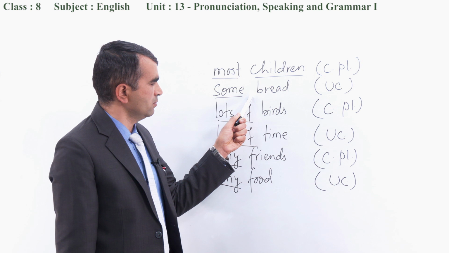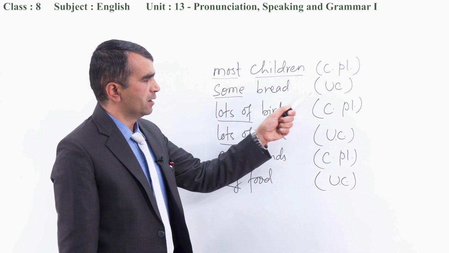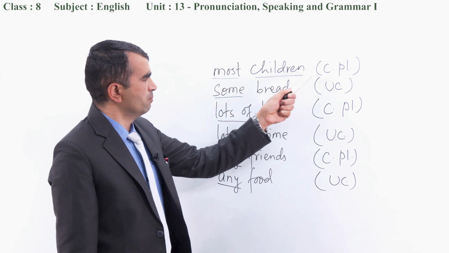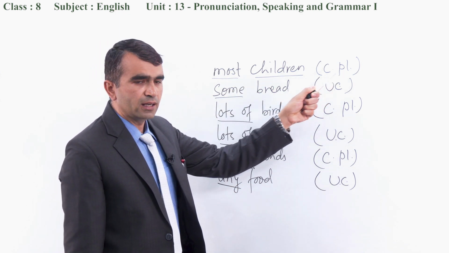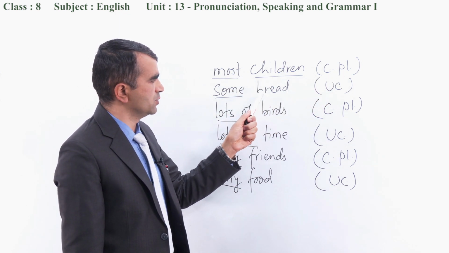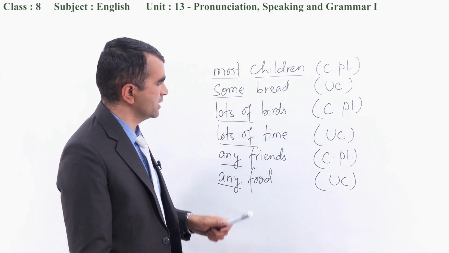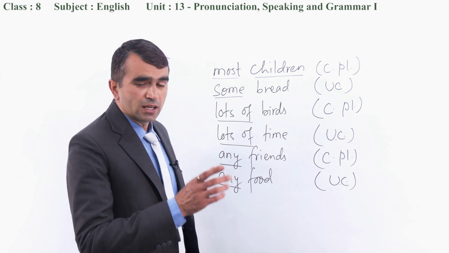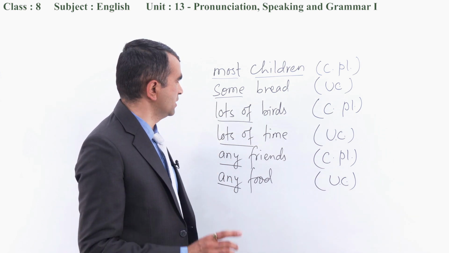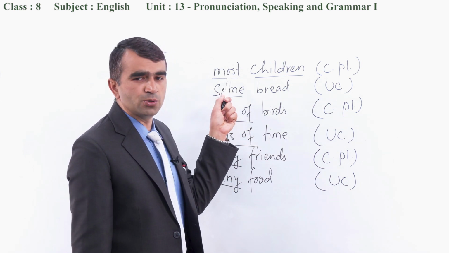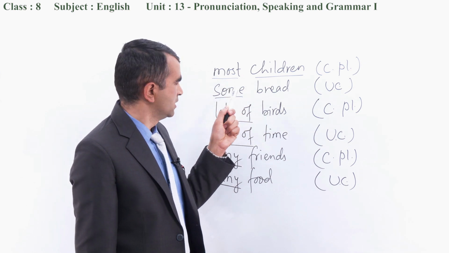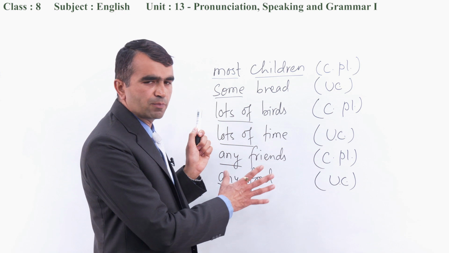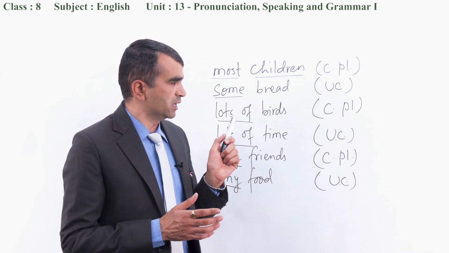Some can come before uncountable. Most can come before countable plural. So you should be able to use these quantifiers with this sort of nouns. But few examples are given. Most can also be used before uncountable. Some can also be used before uncountable. Although examples are not given in the book, you can use them.